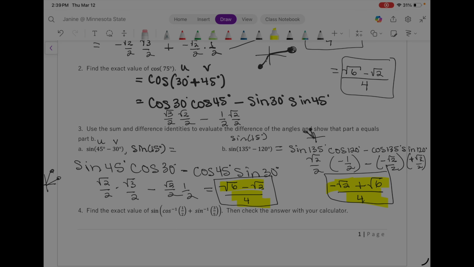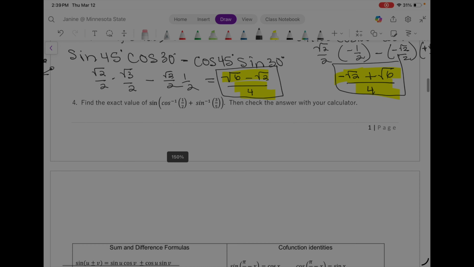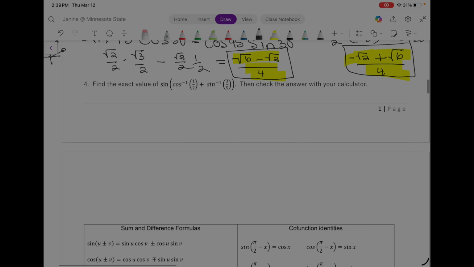Okay? All right. When we learned about inverse functions, we learned that an inverse function will take in a ratio and come out with an angle. So this is basically saying sine of an angle plus, and then the same thing happens here. Arc sine takes in a ratio, outputs an angle.